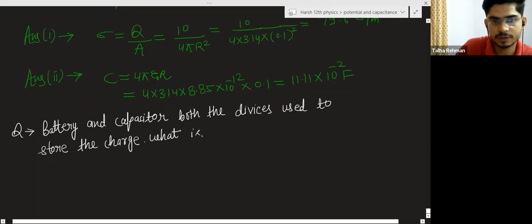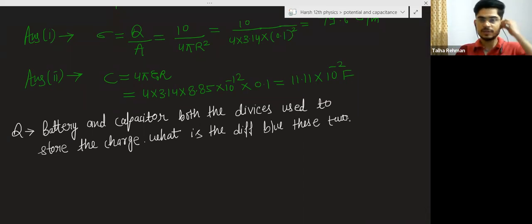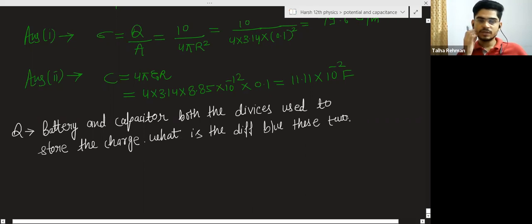What is the difference between these two? We have batteries in our phone. So battery is also used for storing the charge, and capacitor is also used for storing the charge. But here we have to tell what is the difference.